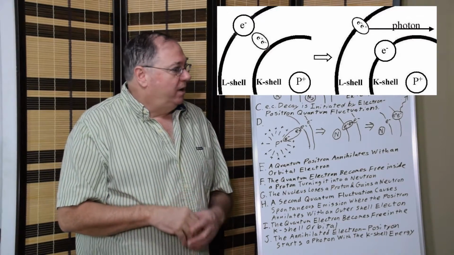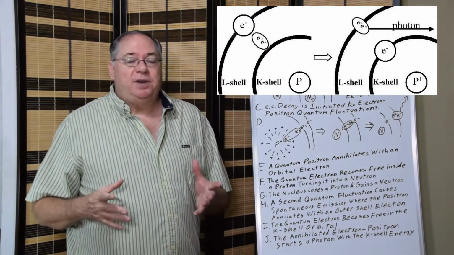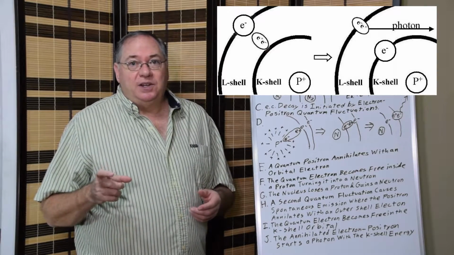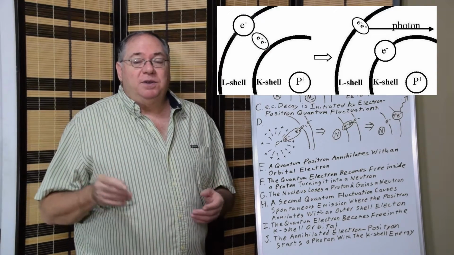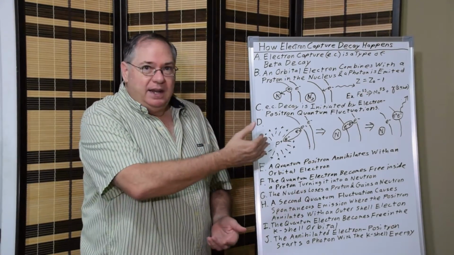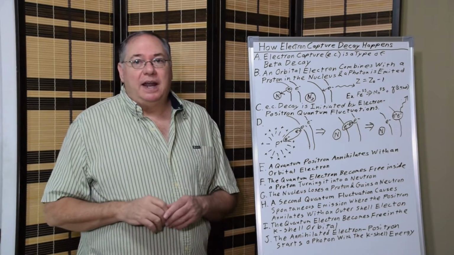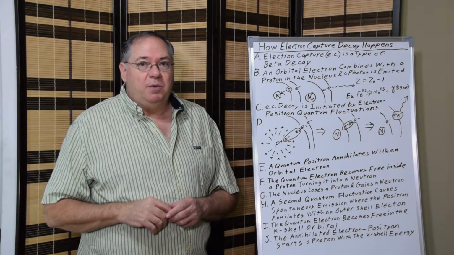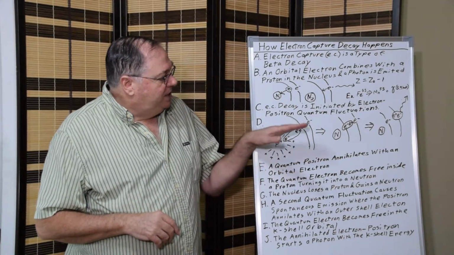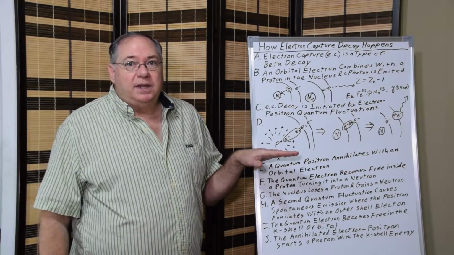And then the annihilated electron-positron pair, because it has excess energy that doesn't go away, turns into a photon with that specific energy. And if it's an L to K transition, that's called a K alpha energy X-ray that we can measure. And so this is typical of how the electron capture decay works.